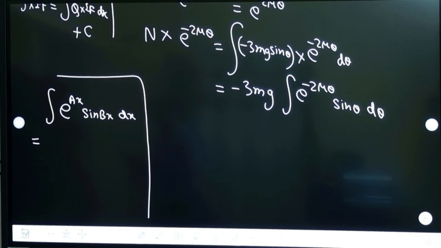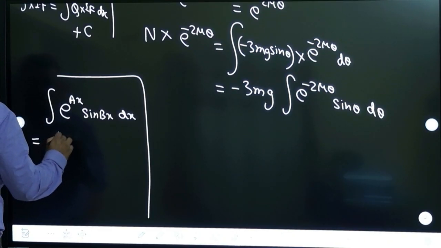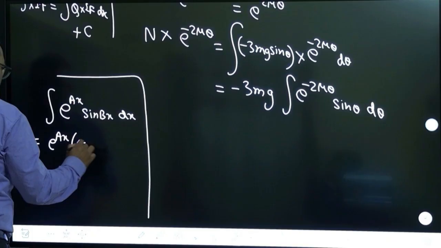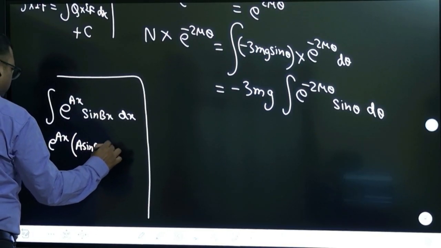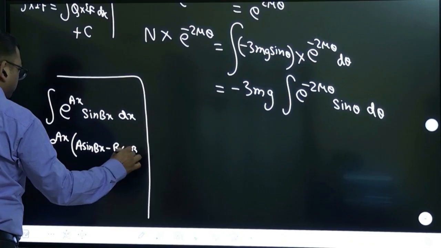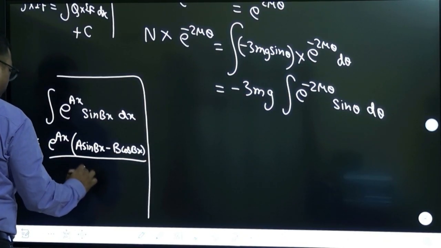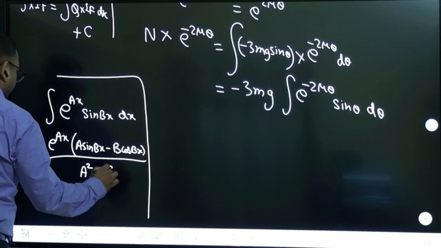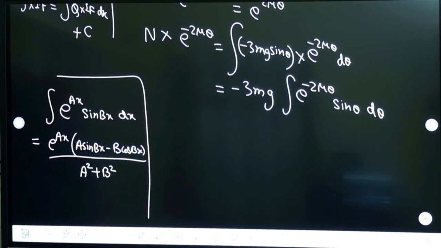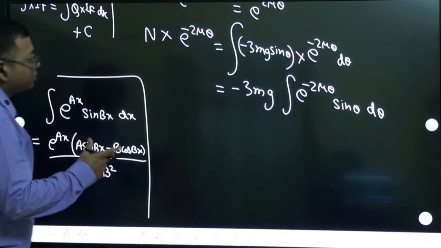So that form is e to the power ax, a sin bx minus b cos bx, divided by a square plus b square. Correct, so this is the formula. This formula we are going to use here.